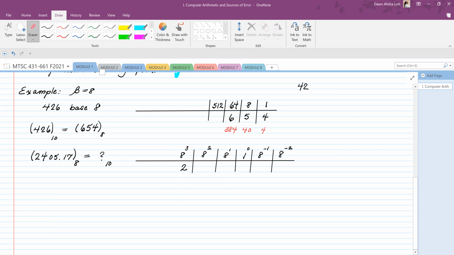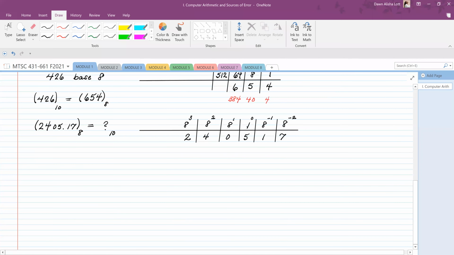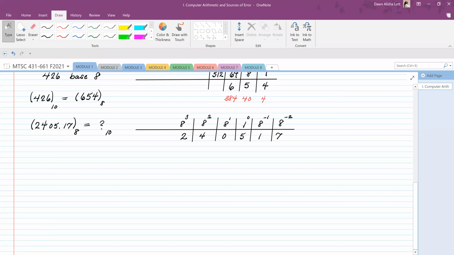So this thing is 2,405.17, and that is base 8. Okay, so what is that in base 10?